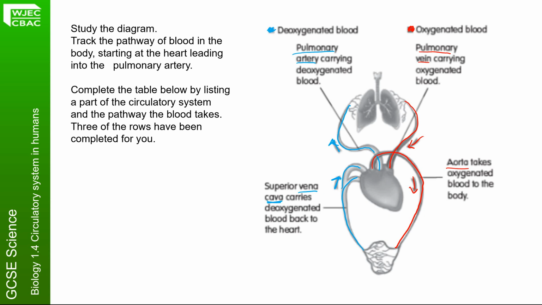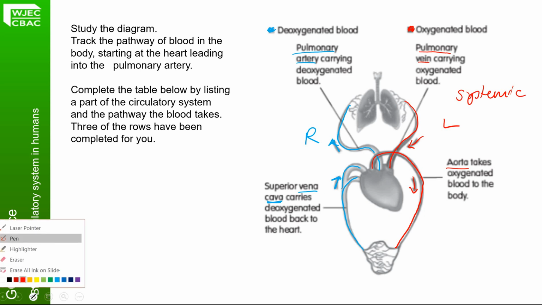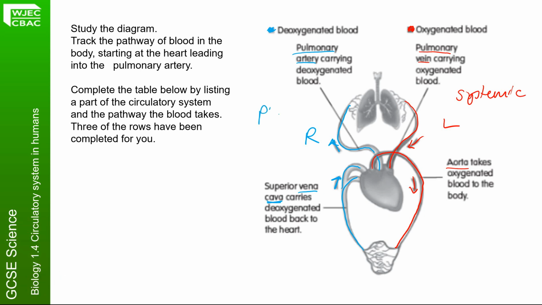And so clearly we can see our right pump pumping to the lungs and our left pump pumping to our body systems, to our head. So this is what we call the systemic, and this in blue on the right hand side is the pulmonary systems, the two separate pumps.